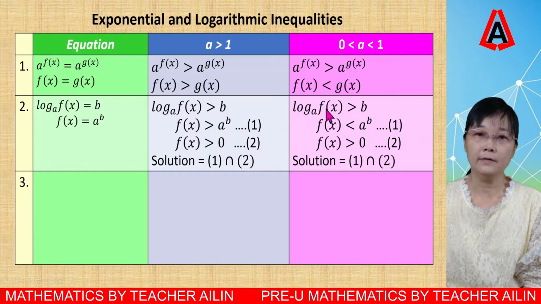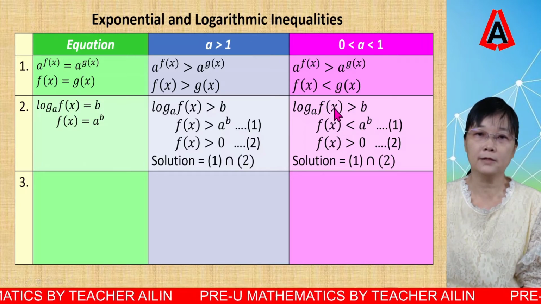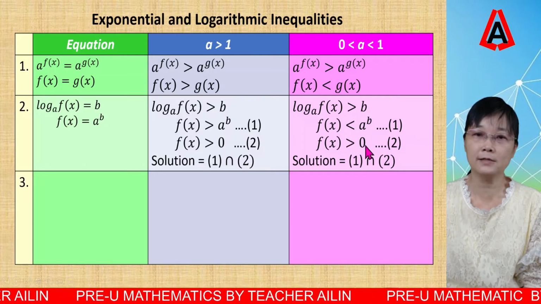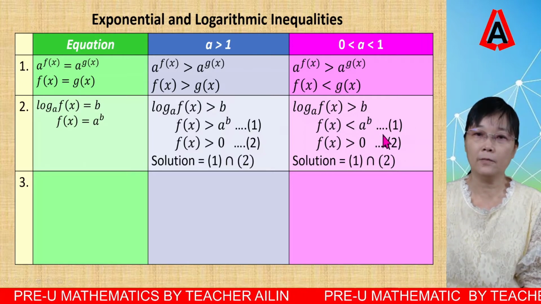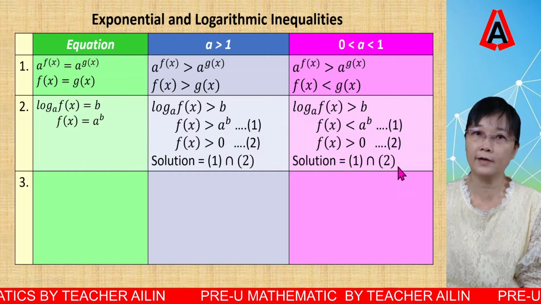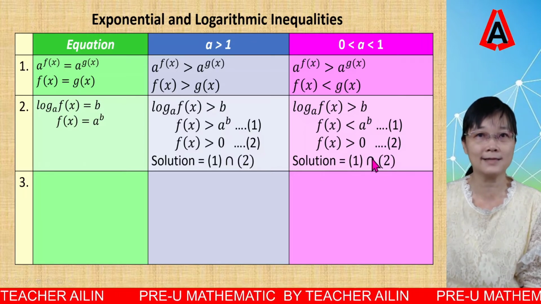At the same time, we need to consider the range of values of x where f of x is greater than 0. Then finally combine these two ranges of values of x to get the final range of values of x.